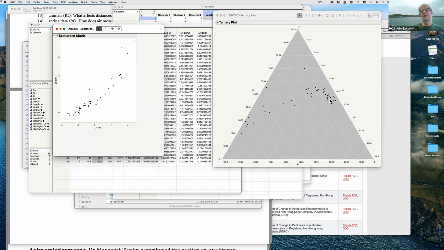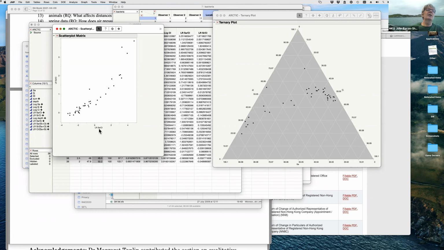So you can see there is some sort of pattern here. There appears to be some form of a gradient, right? From one extreme, this is high sand and low silica. Over here is generally low sand and roughly equal amounts of silica and clay, right?